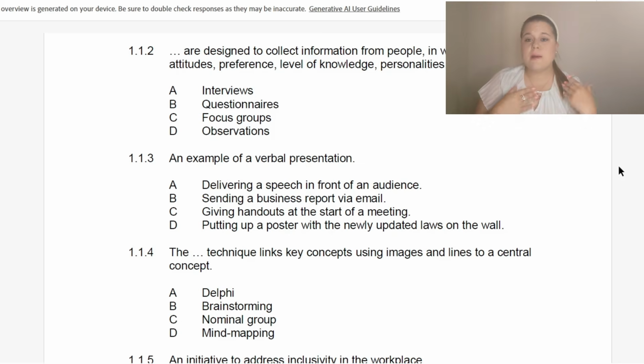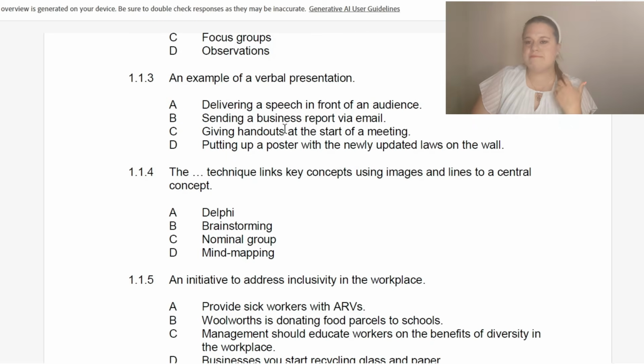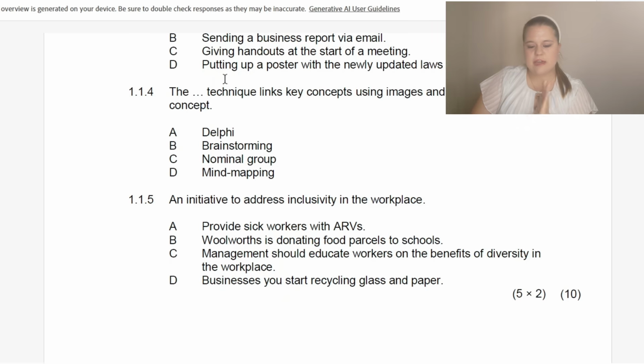So here we're looking at presentation of business data, business ventures again. An example of verbal presentation, I think that says it in itself. The what technique? If you hear the word technique, creative thinking and problem solving should pop up in your mind. The what technique links key concepts using images and lines to a central concept. An initiative to address inclusivity in the workplace.